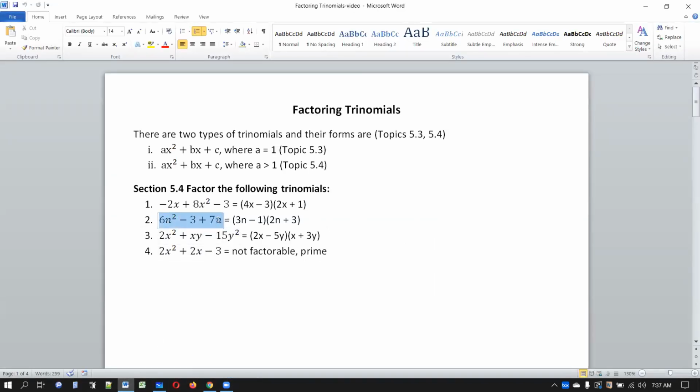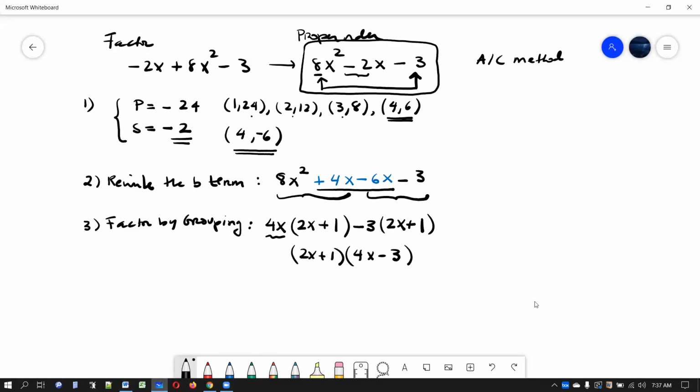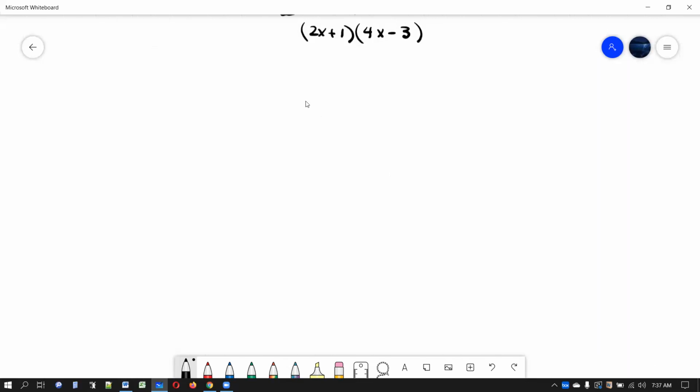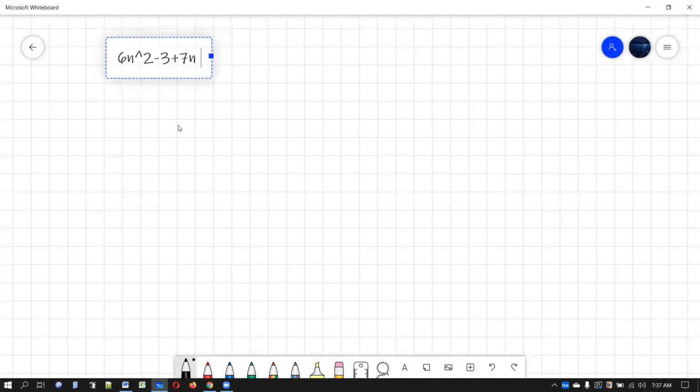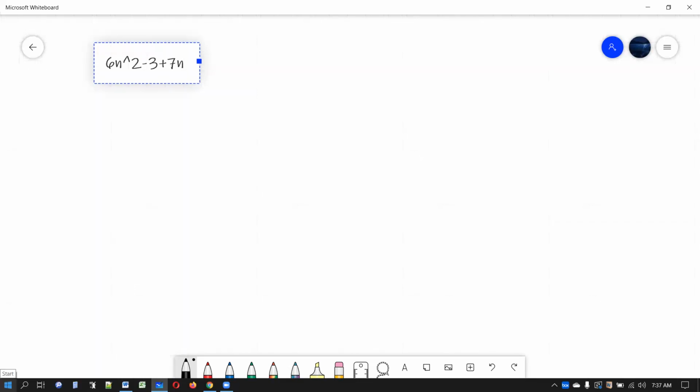So I'm going to see if I can copy this again. And we will just write this over here. Okay, I think this is clear. We can read it. And we're going to do the exact same thing. We want to factor this.